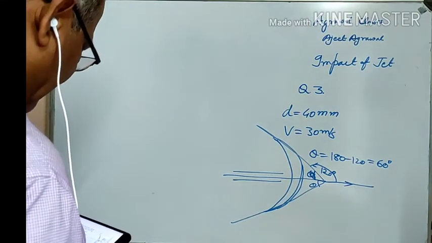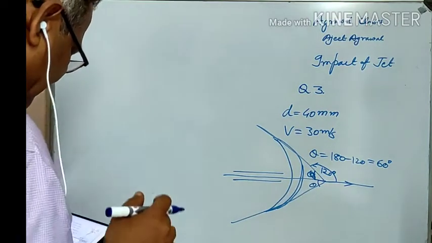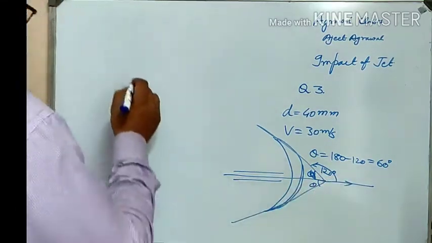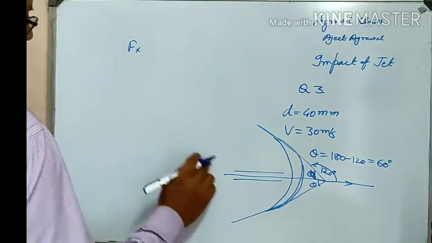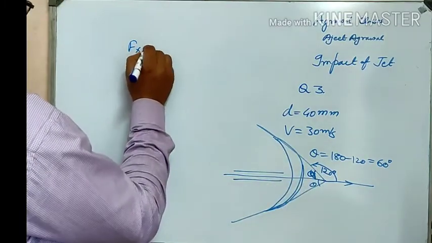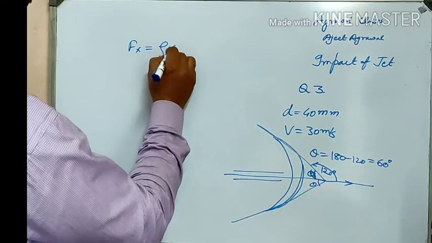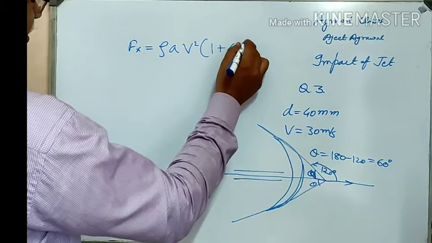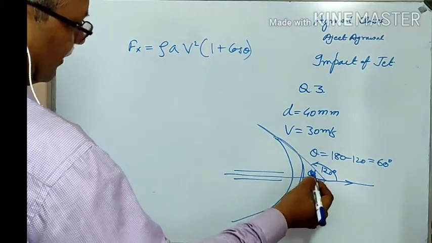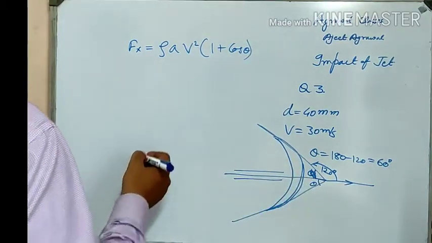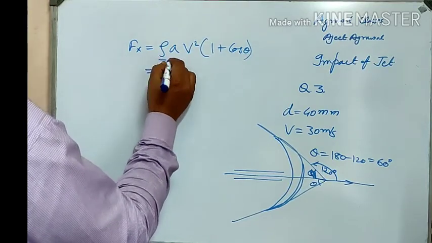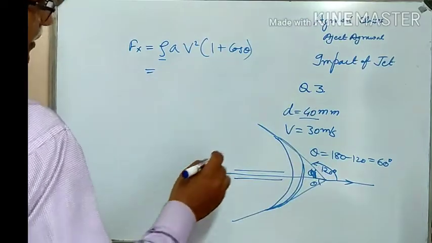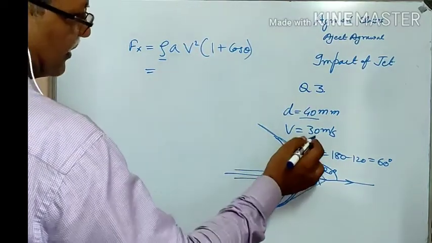Now we have to find the force exerted by the jet in the direction of the jet. For that we have the formula. If we consider this direction as Fx, then we have the formula rho a v square (1 plus cos theta), where theta is this half angle. Substituting the values: 1000, area with the diameter given, so pi by 4 d square, multiplied by velocity square, that is 30.